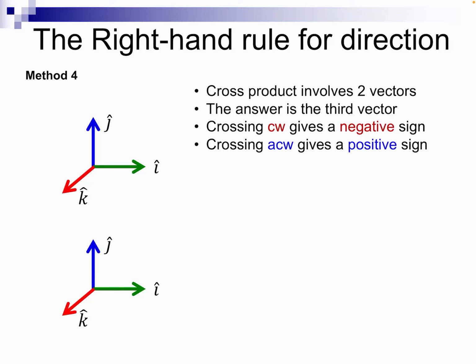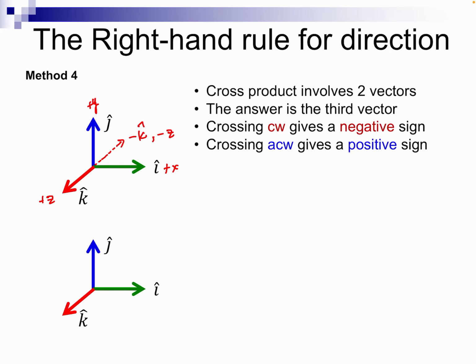I hat represents the plus X axis, J hat is the plus Y axis, and K hat is the plus Z axis. Going backwards here, you have minus K hat, or the minus Z axis.